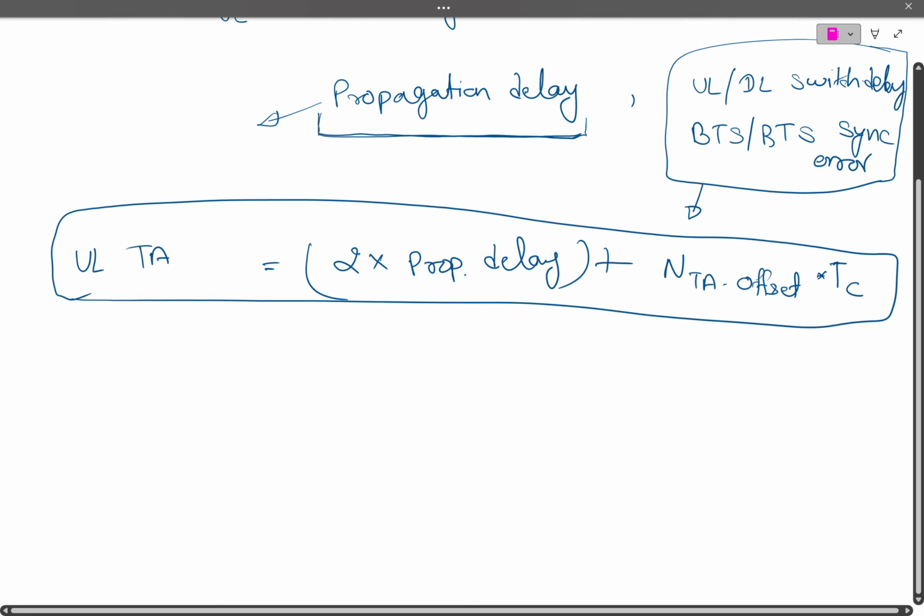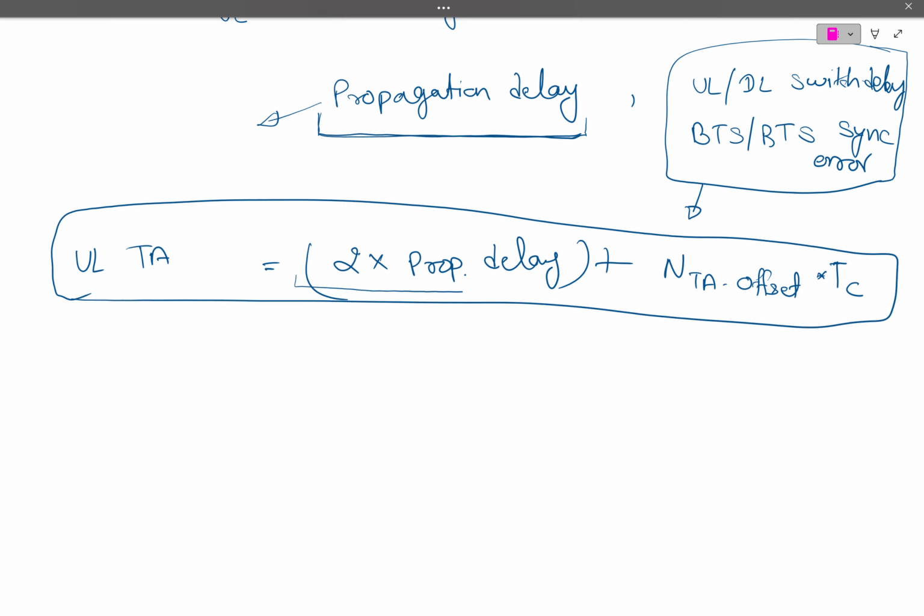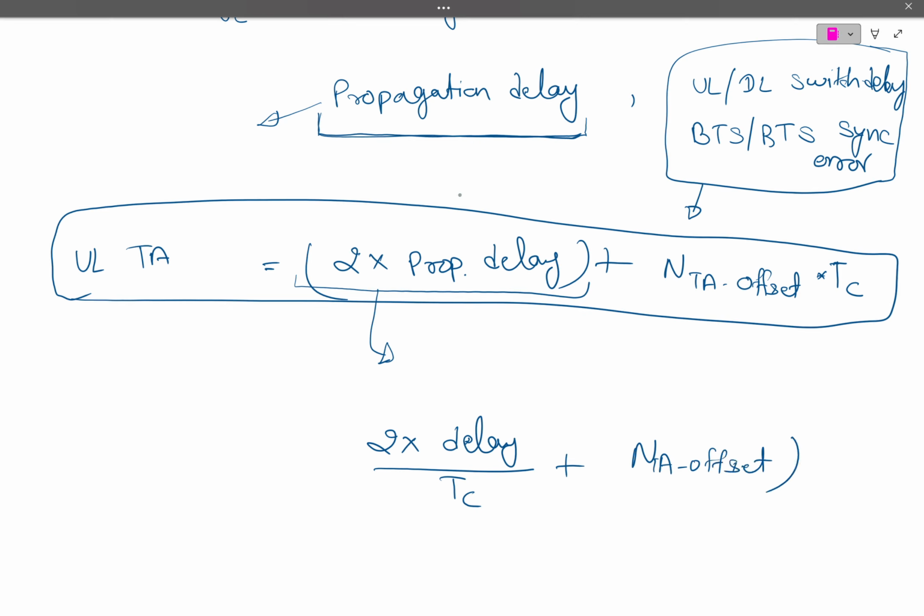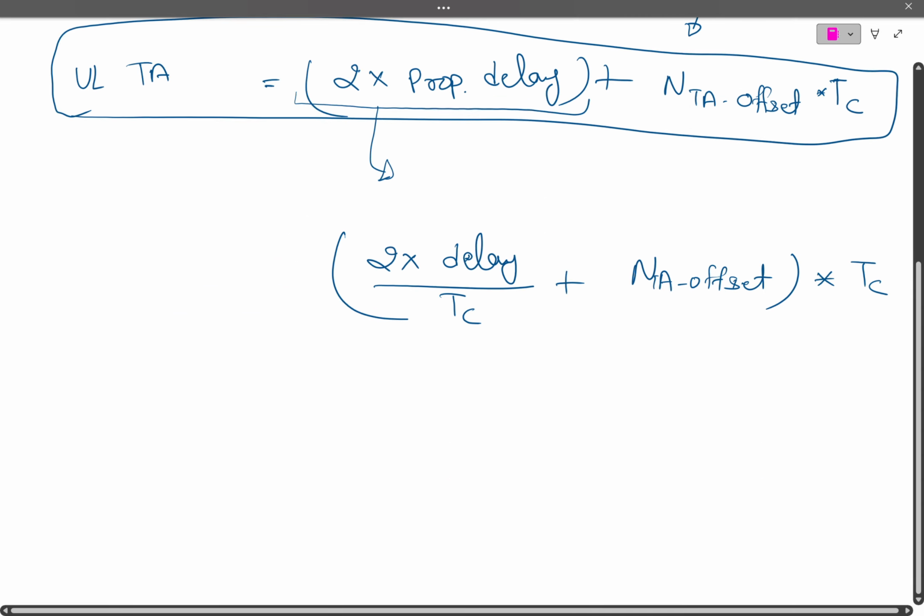Now this number also let's define in terms of Tc. So 2 into delay, I'll just write it, delay by Tc plus N_TA offset into Tc.